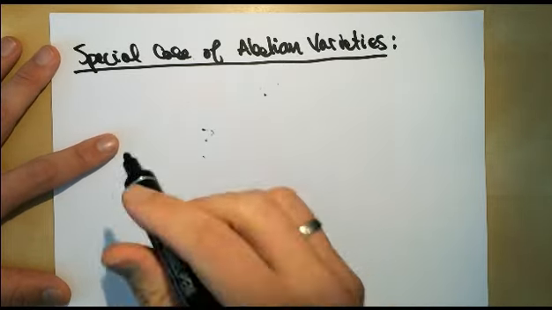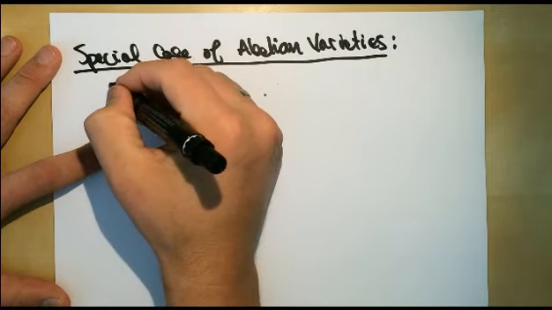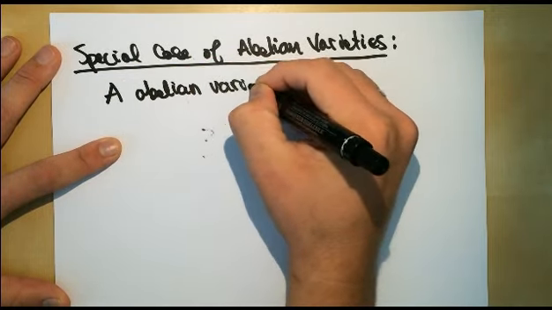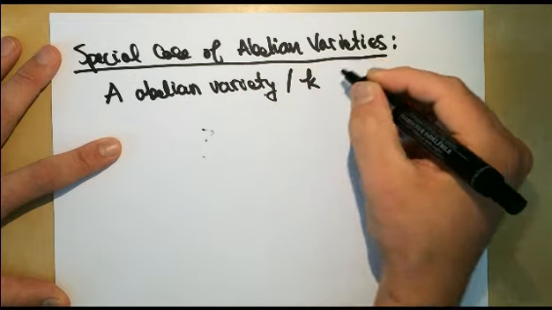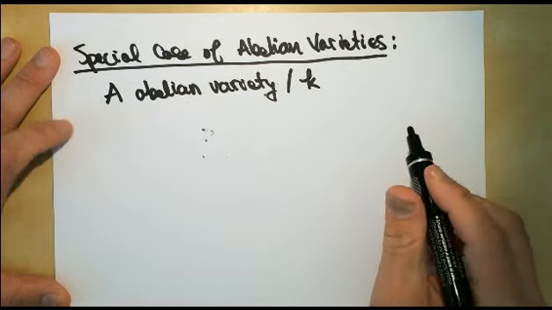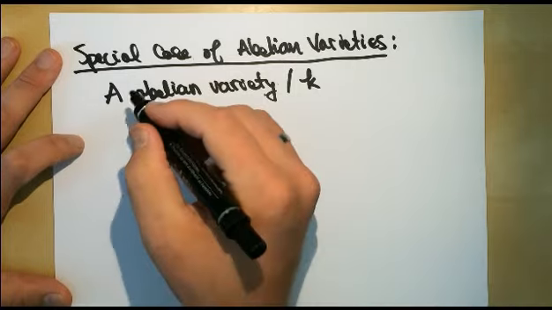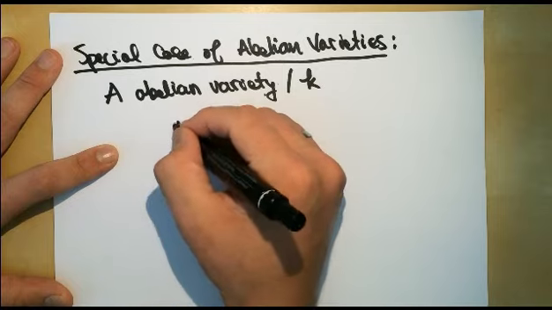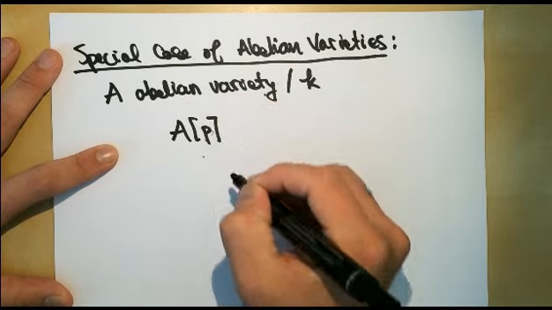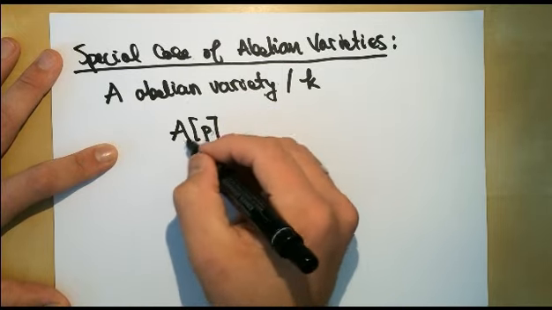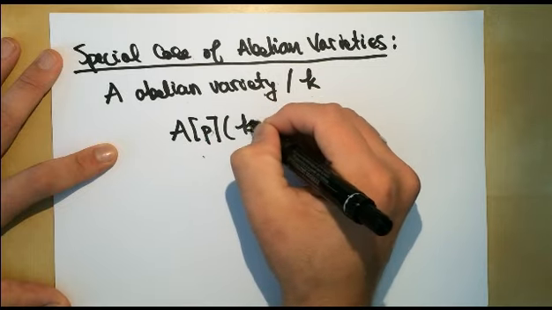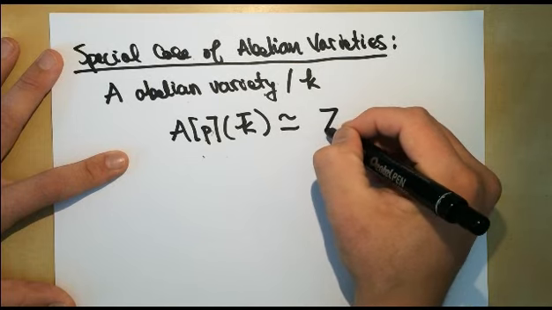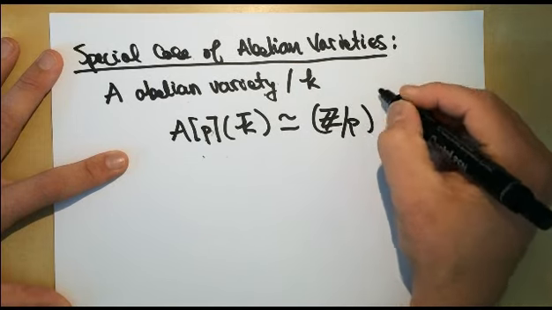So if A is an abelian variety over K, again a perfect field of characteristic p, we can take A and look at its p-torsion. This is the kernel of multiplication by p, and then we can look at its points in the algebraic closure, and this is going to be isomorphic to Z mod p to some power.